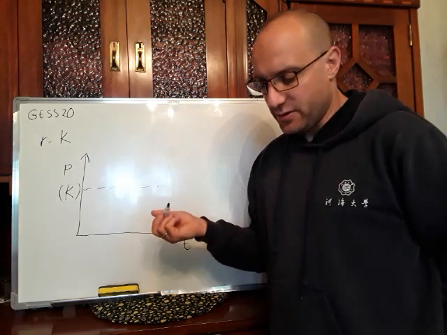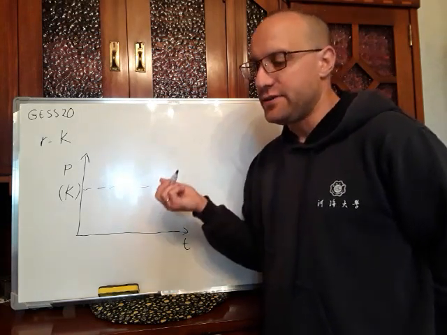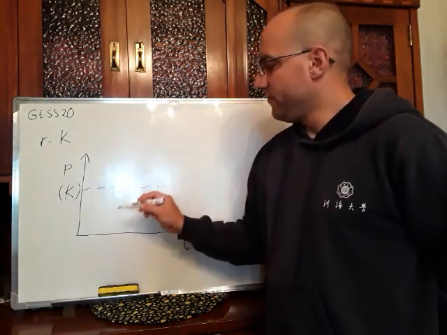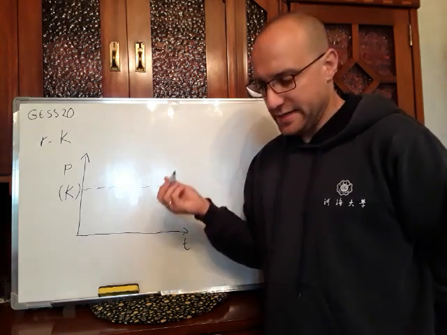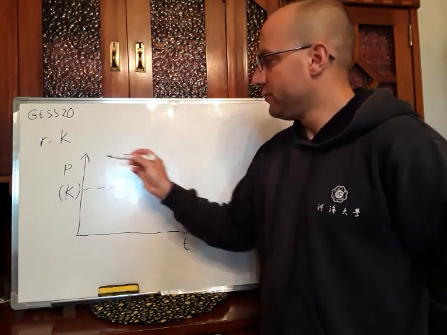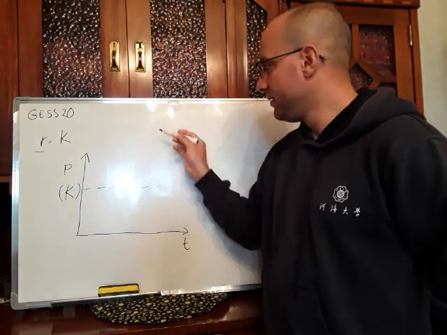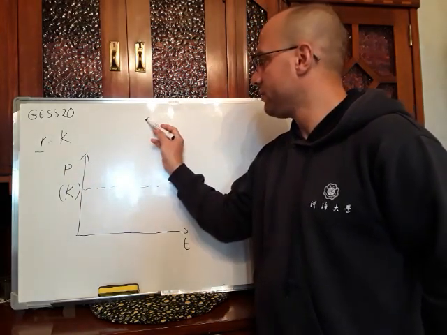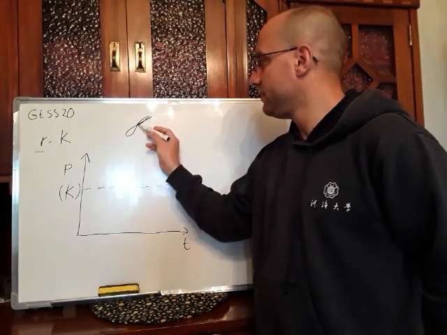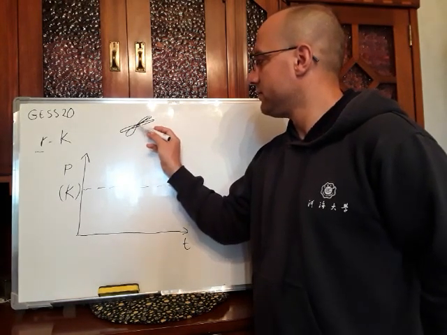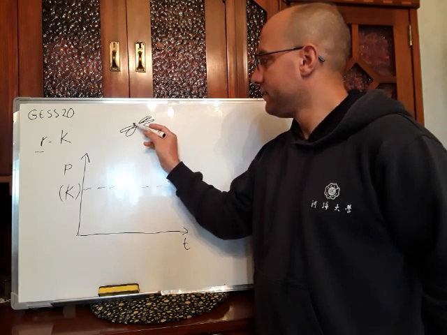And we said that there are going to be two different strategies. And the first one we could say is the more simple one, which is the R selected. So these can be things like mosquitoes. I just put here a mosquito, or something like that.